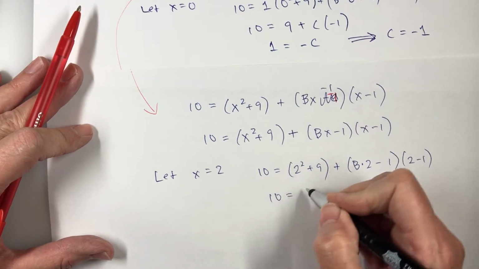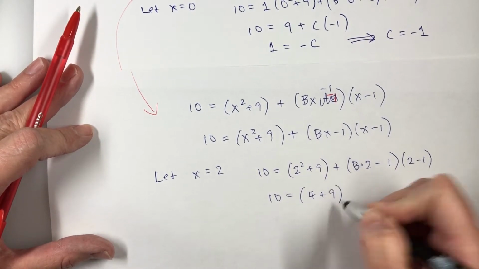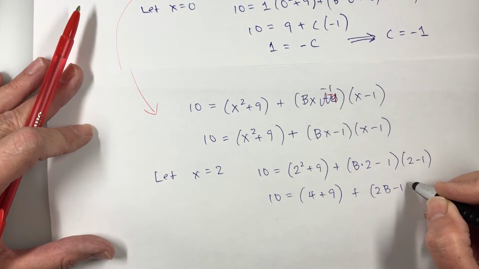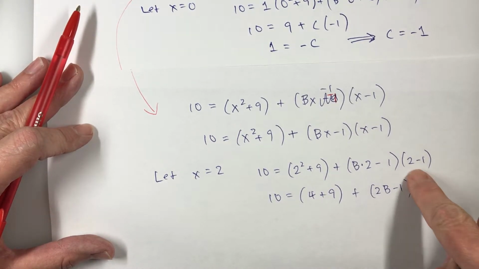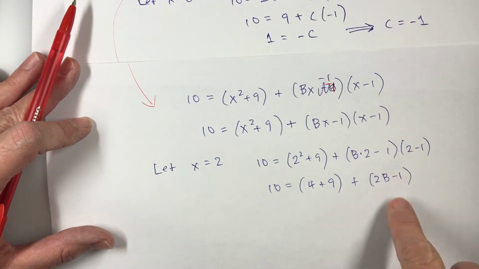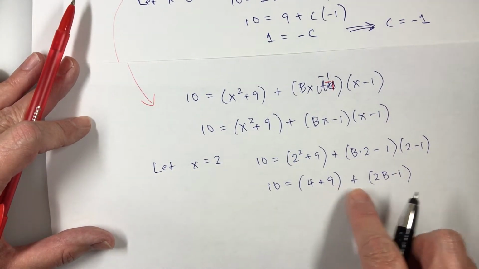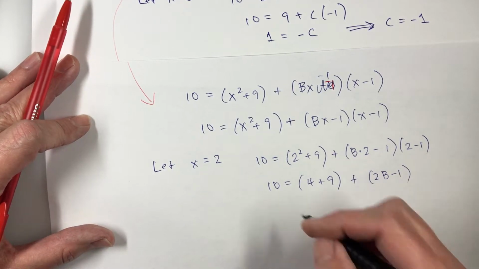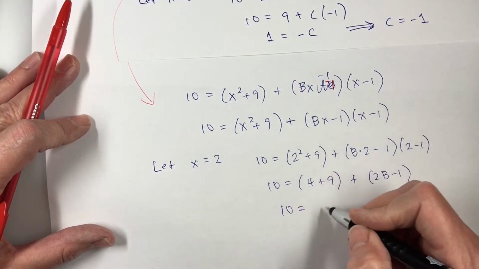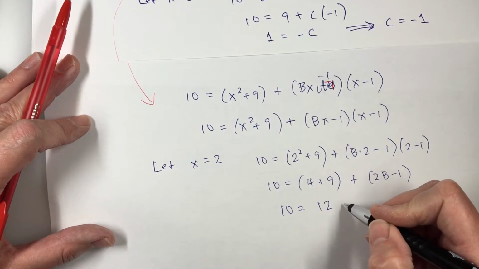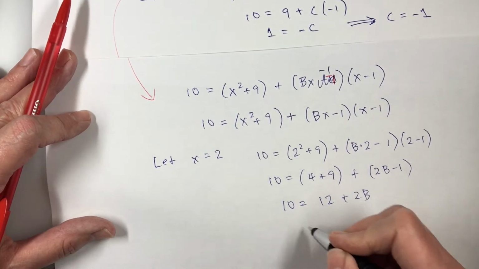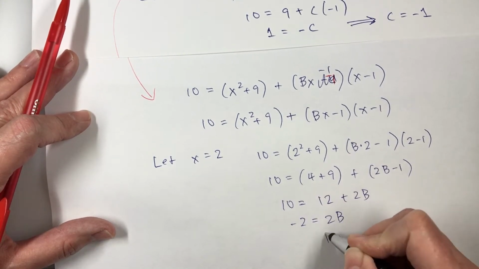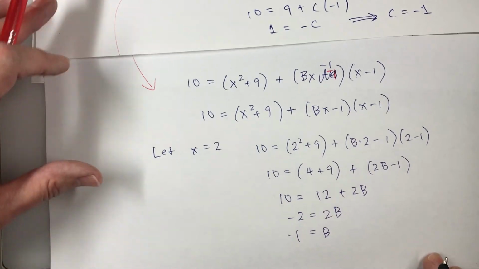So 10 is 4 plus 9 plus 2B minus 1 times 1. Oh, that worked out nice. So that's 13 minus 1. That would be 12. So 10 equals 12 plus 2B. Subtract 12. Negative 2 is 2B. So B is negative 1.